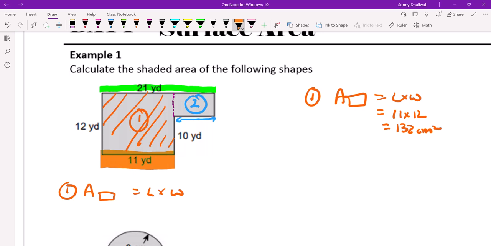So how far do we need to go over here? Yes, you can subtract 11 from 21, or you can just look at it. 11. Oh, sorry, 10, I can't look at it, right? Because 11 plus 10 is 21.